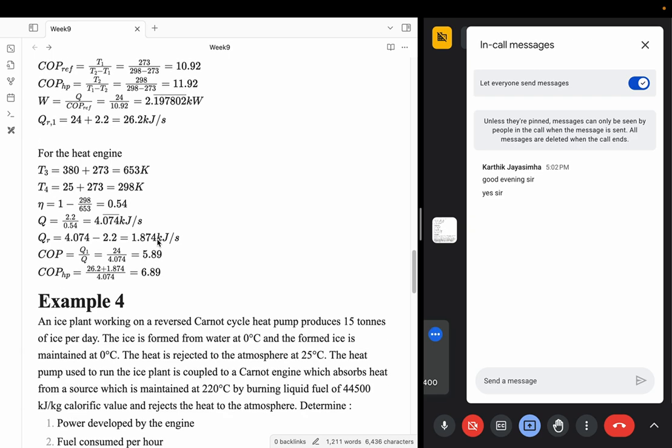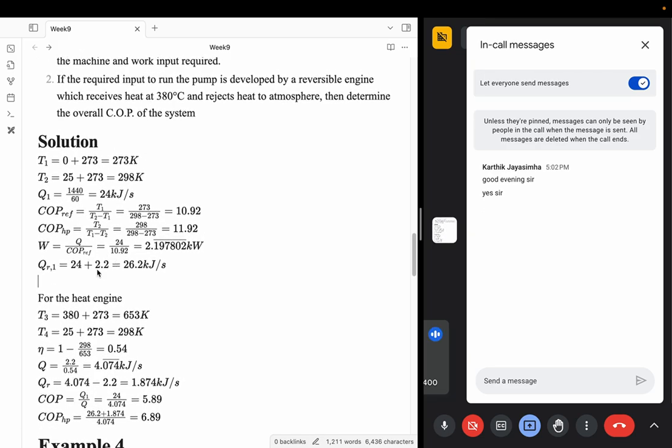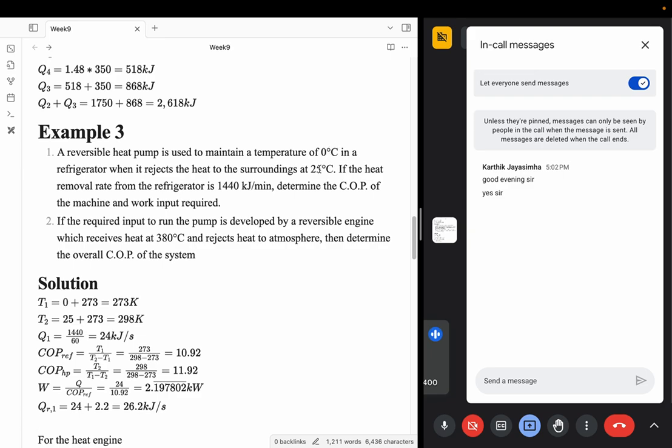Are there any questions in this? Yes. The first one is a heat pump, right? So you have 0 degrees Celsius. This 24 kilojoule per second is from 0 Celsius, and then work you are doing on the system.